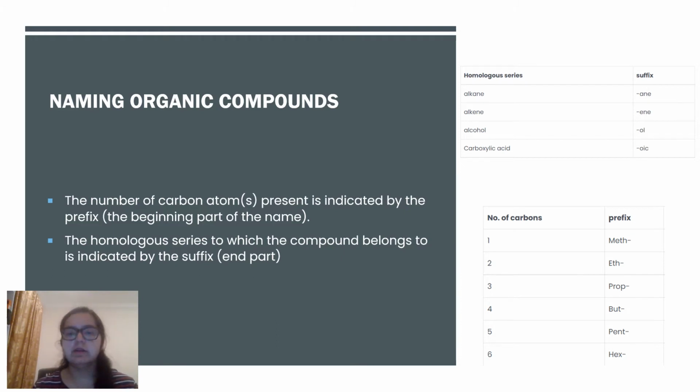Okay, and for a carboxylic acid, if it has three carbon atoms, then you can just say propanoic acid. That means it is a carboxylic acid which has three carbon atoms. I hope this is clear, and it is very important to know how to name an organic compound.